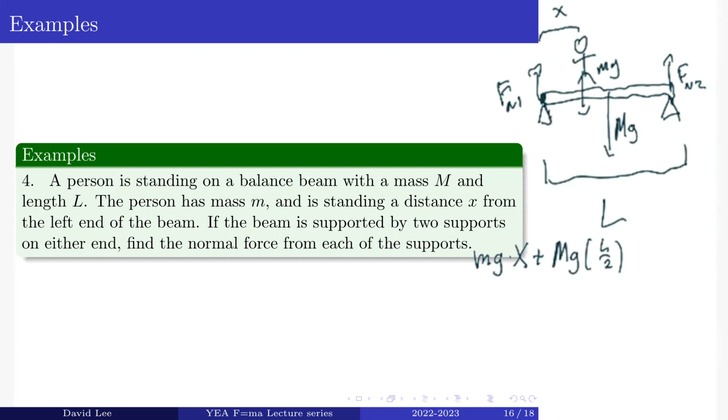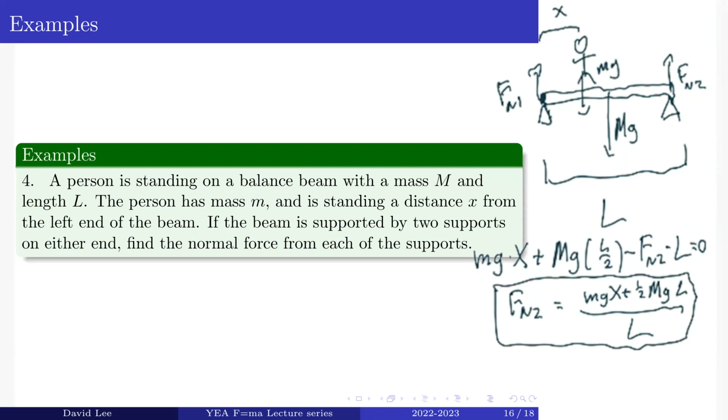And then there's the force from the other support, which is in the other direction, Fn2 times L. And this is equal to 0. And the benefit of doing it this way is that we can immediately solve for Fn2, right? It's just mgx plus half mgL, all over L.